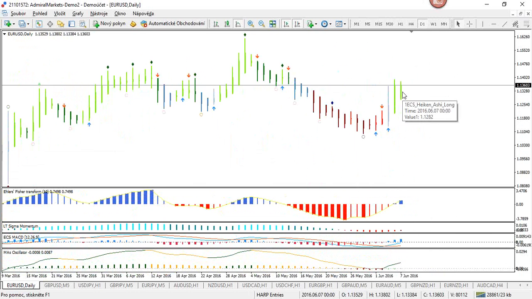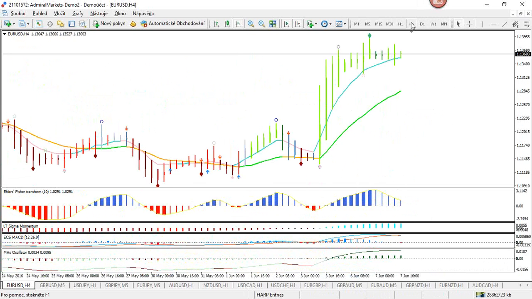So the daily is a trend. Does the 4-hour have momentum? The 4-hour did have it right in here, but not anymore. The momentum has been lost. You can see here it's retracing, but otherwise everything is bullish.